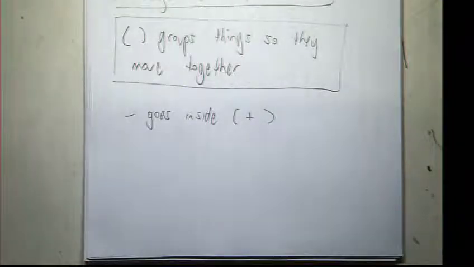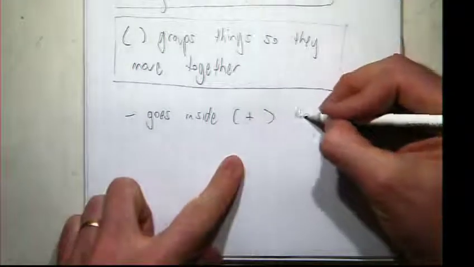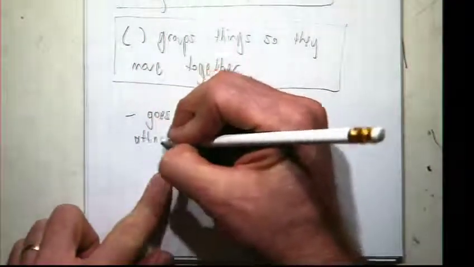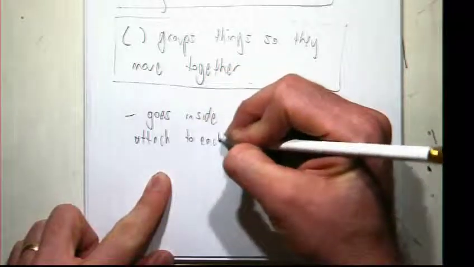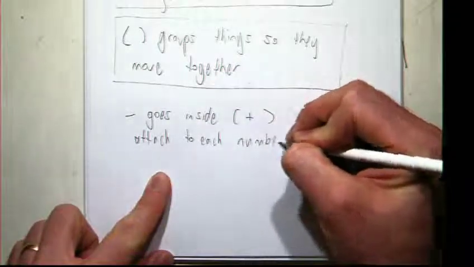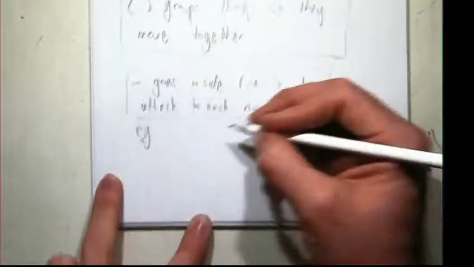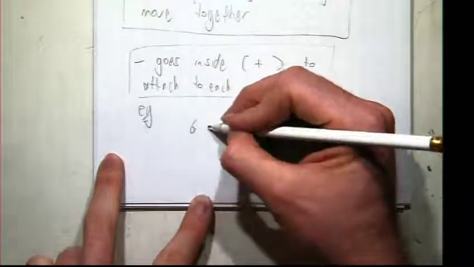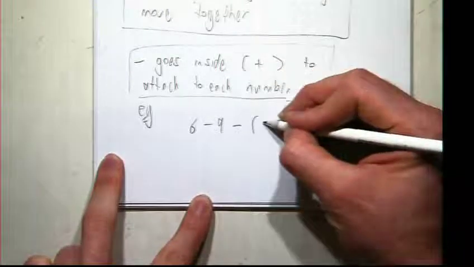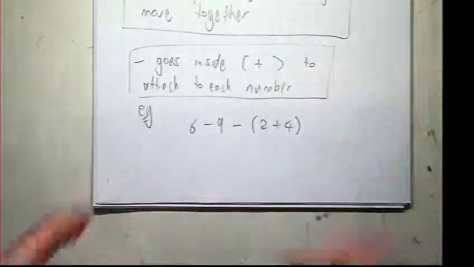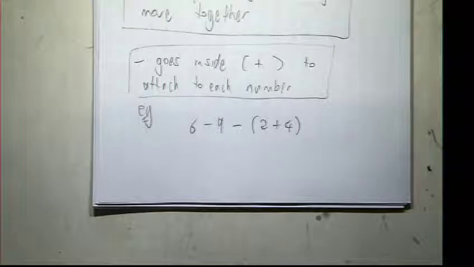This only works if it's all plus inside the brackets. So here's my example. 6 minus 9 minus 2 plus 4.